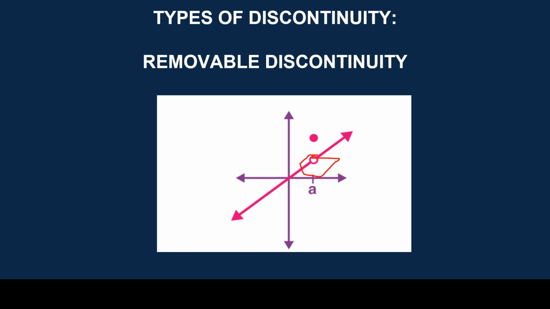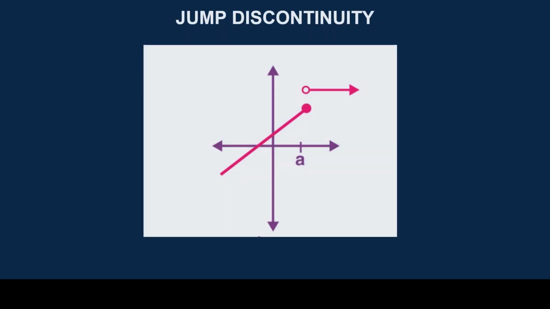The next one is jump discontinuity. Here the left-hand and the right-hand limits exist, but they are not equal. The function jumps from one value to another value.